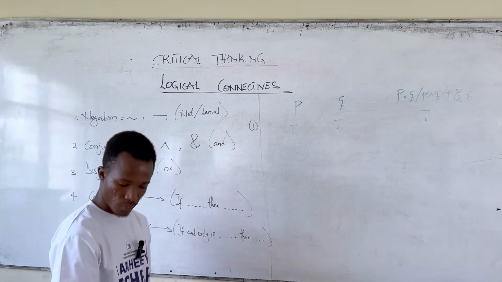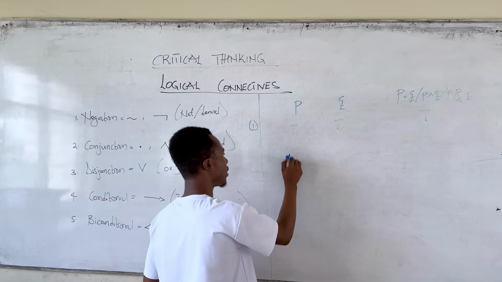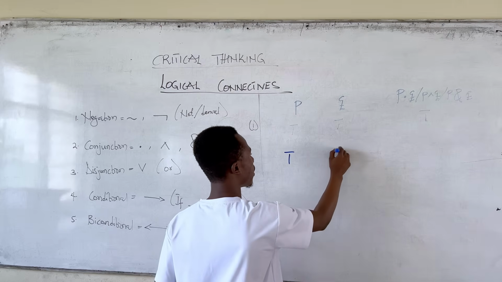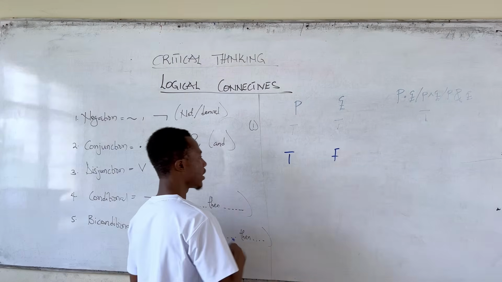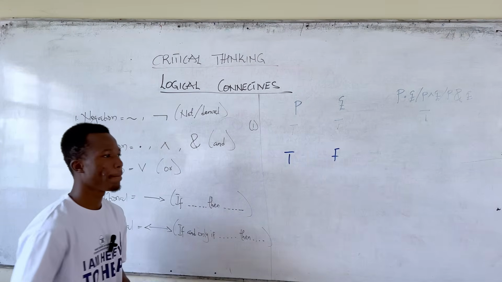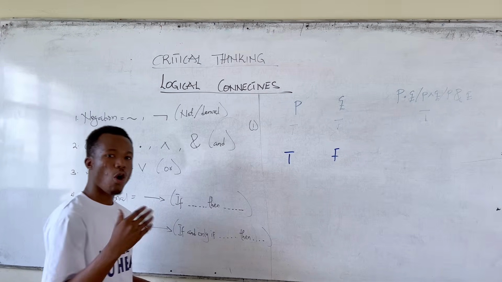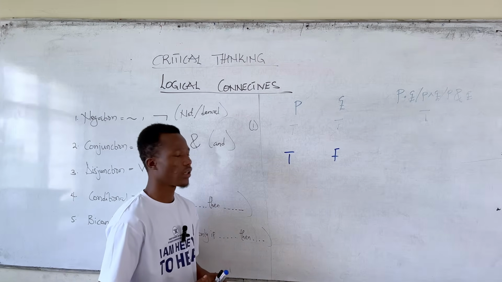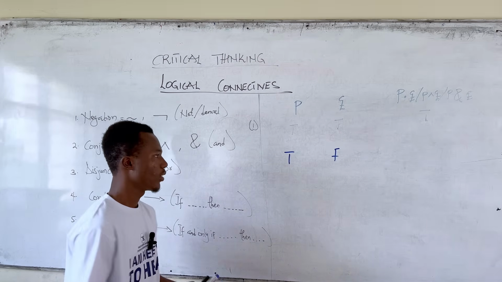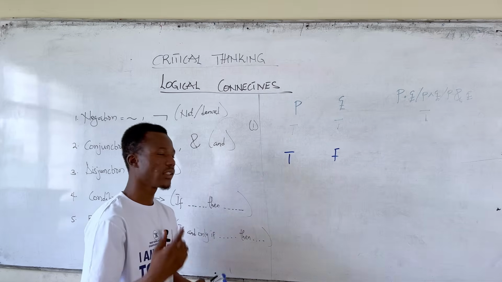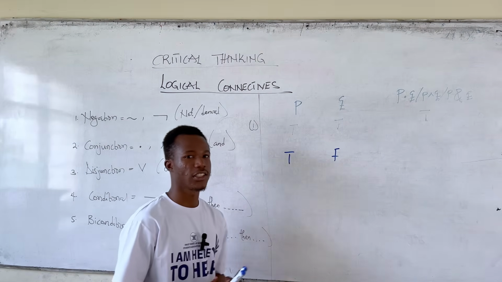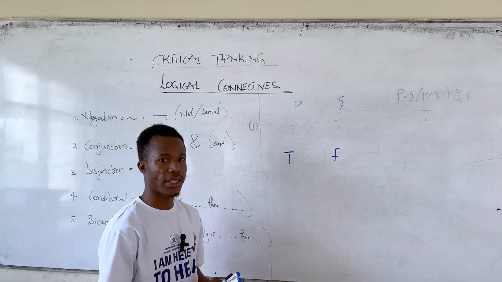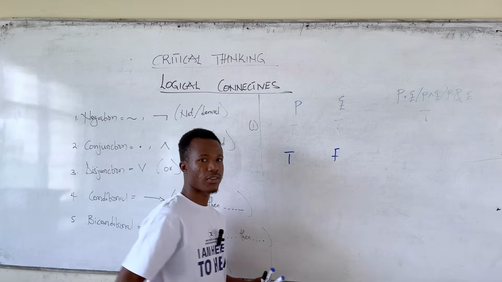Now, if you have a true statement and a false statement, so this example we can say all birds have feathers, right? Which is true. Then the second sentence states that pig is a bird, which is false, right?